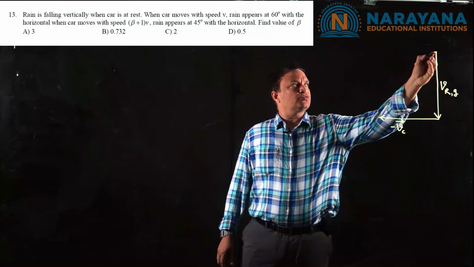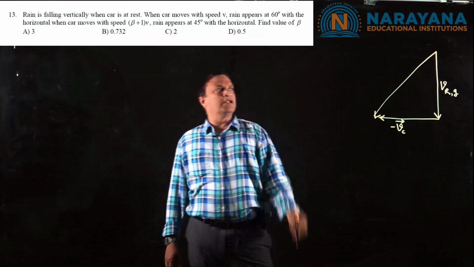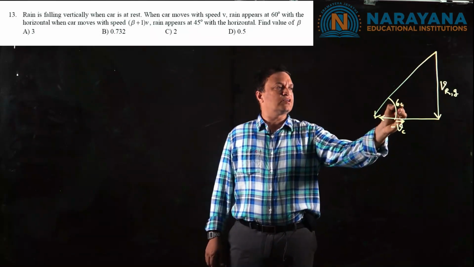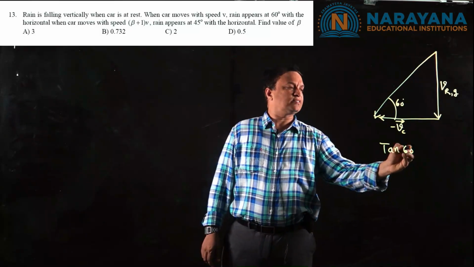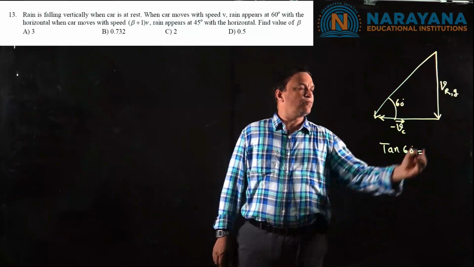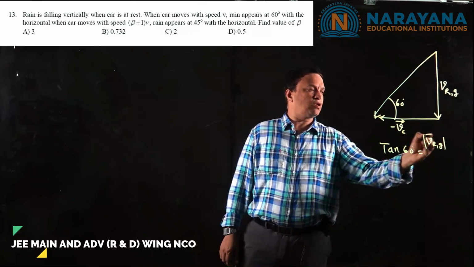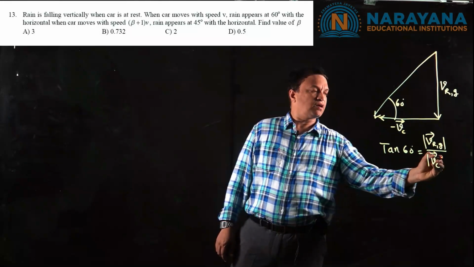And now with this, we can conclude this is the relative direction, and this makes an angle 60 degrees. From this I can say tan 60 is equal to V of rain with respect to ground, we are speaking only magnitudes, please don't forget that, divided by the velocity of the car.